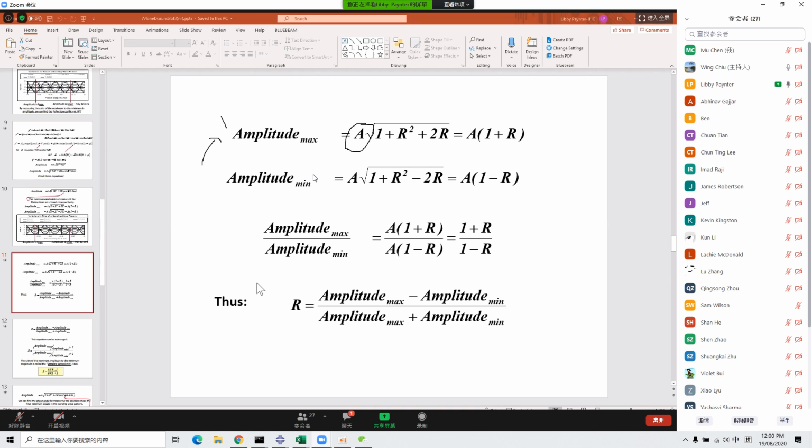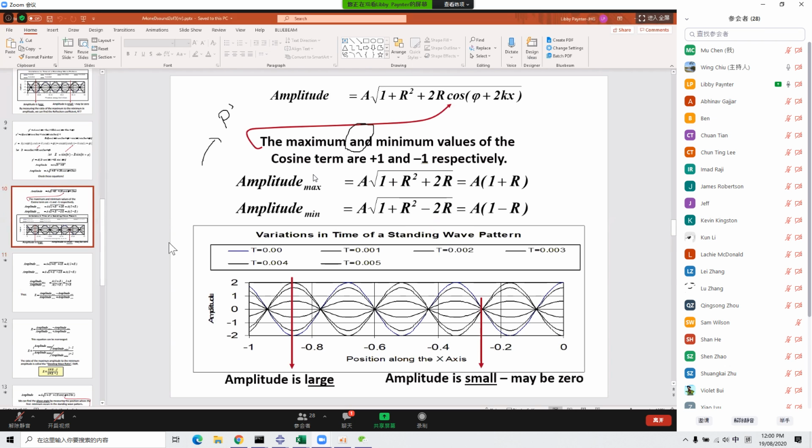So that A is from the equation p' equals A cos(ωt minus kx). Correct. But where are we getting that amplitude max?